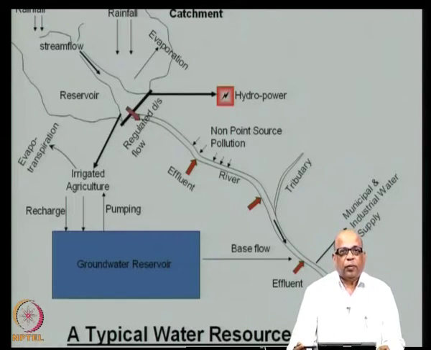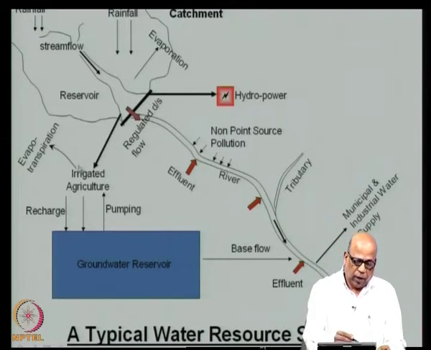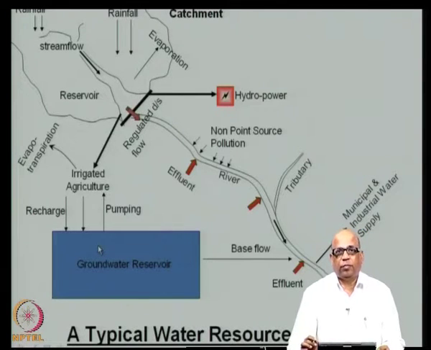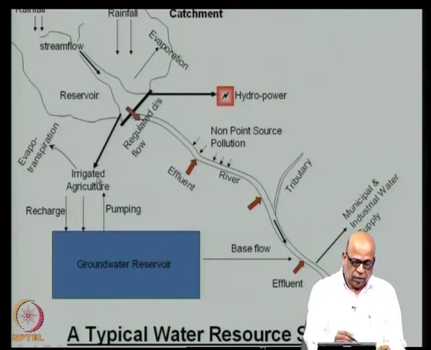In addition, whatever water that you apply for agriculture purposes, part of it can also go as deep percolation, and then accounting for the unsaturated zone, you also may get some recharge from the agriculture water application itself. So, you get recharge both from natural rainfall as well as from irrigated agriculture.